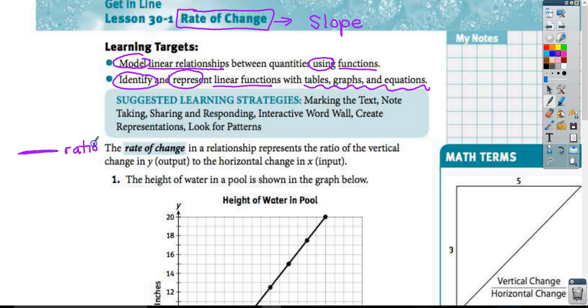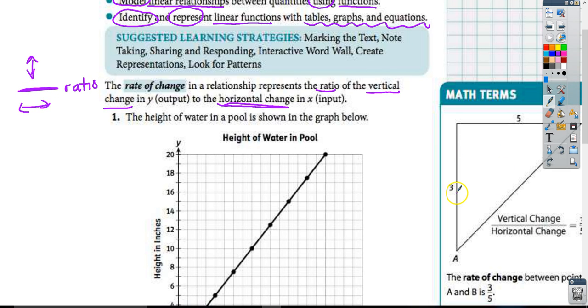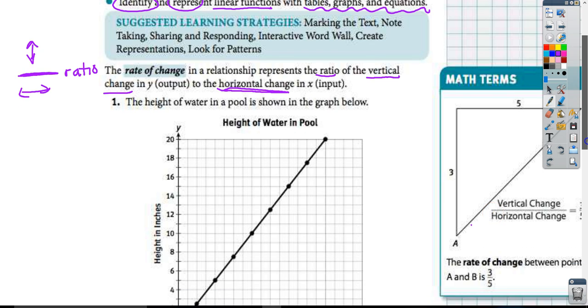So that's where that word comes in. So ratio. And on top, we're going to put our vertical. Okay, so there's our vertical part of our definition. Then on bottom, we're going to put the horizontal. So it's a ratio of vertical to horizontal change. Then it's got this math term over here for you to look at. If you want to look at that for help, you can. I'm going to just keep going.